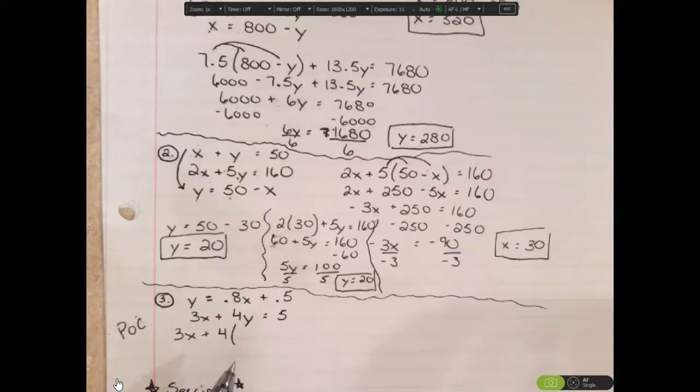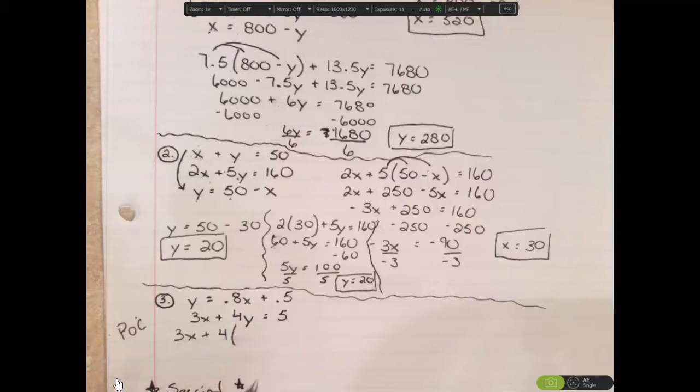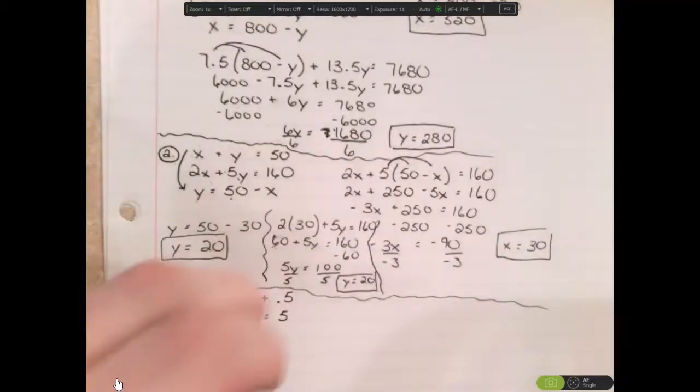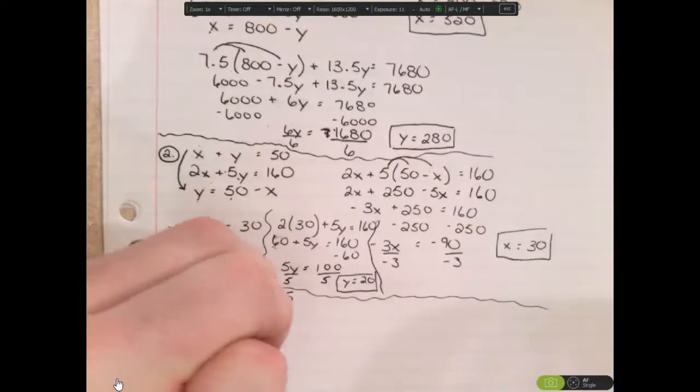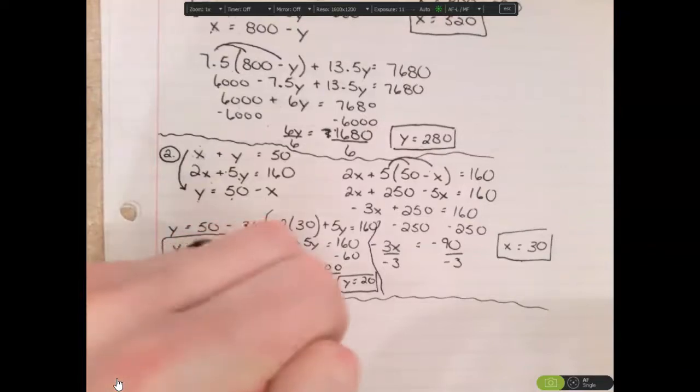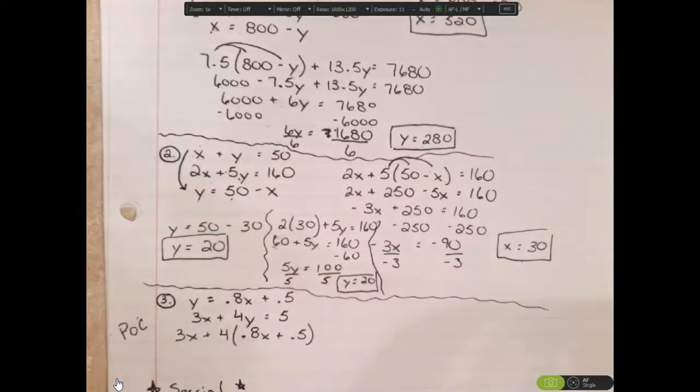You need to be doing the same. This is showing 4 is multiplied by y. So 4 is being multiplied by all of y, not just part of it. So 4 times 0.8x plus 0.5. And that is equal to 5.